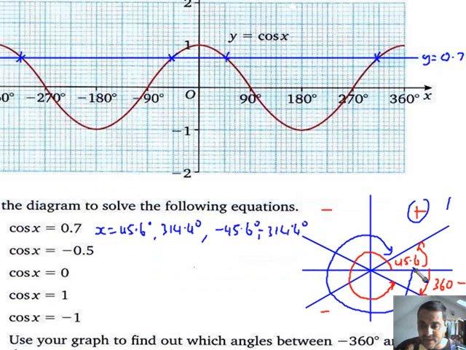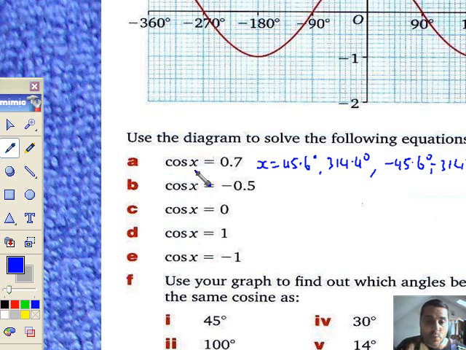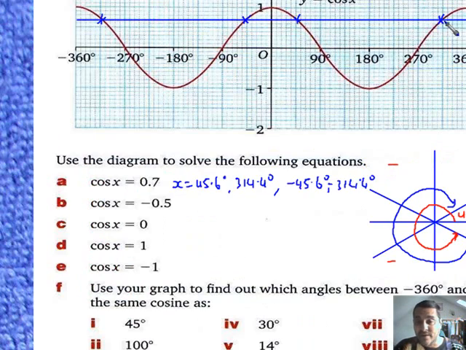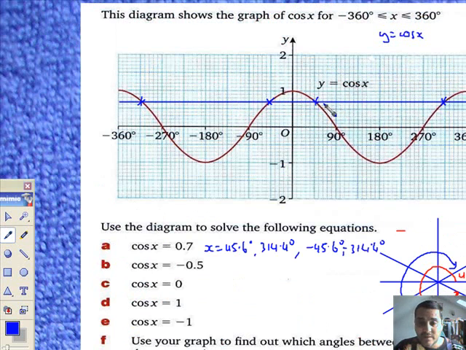So we're going this way, minus 90, minus 180, minus 270, minus 360. If we take away the 45.6, we reach this solution right here. So these are the 4 solutions to the equation cosine x equals 0.7: 4 solutions, 4 angles. There they are, positive 314.4, your 45.6, your minus 45.6, and your minus 314.4.